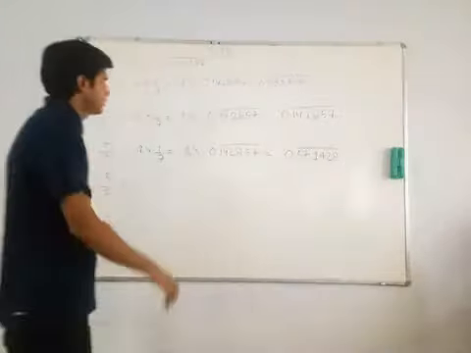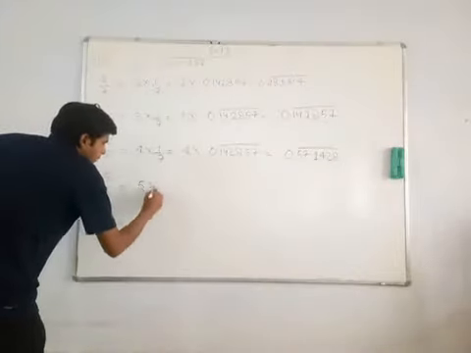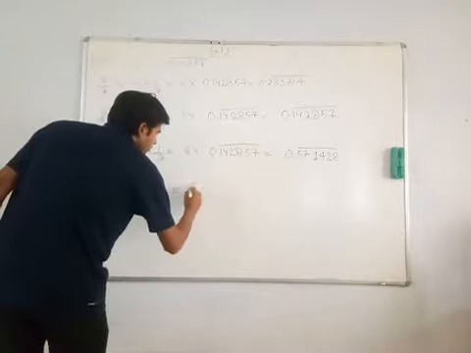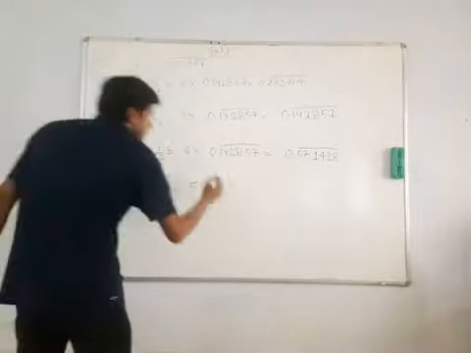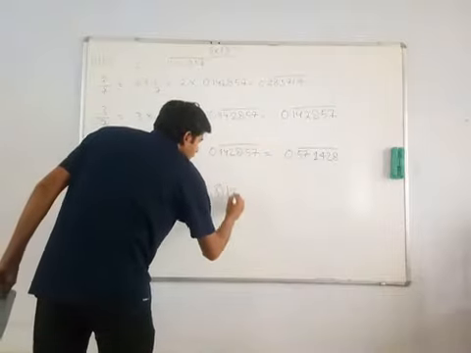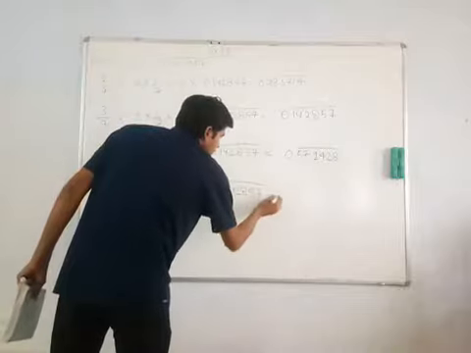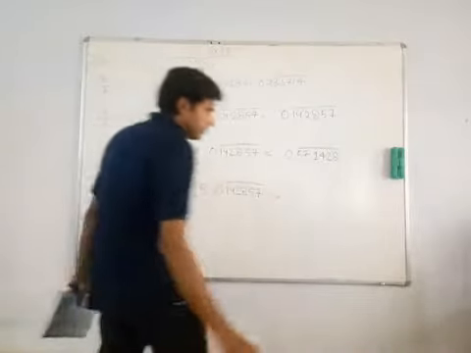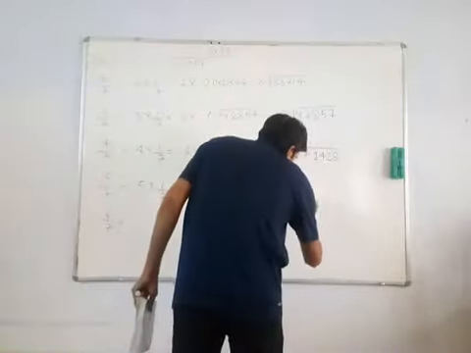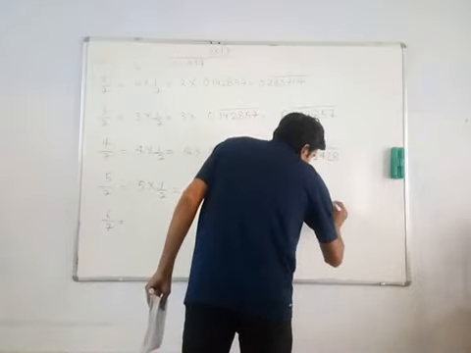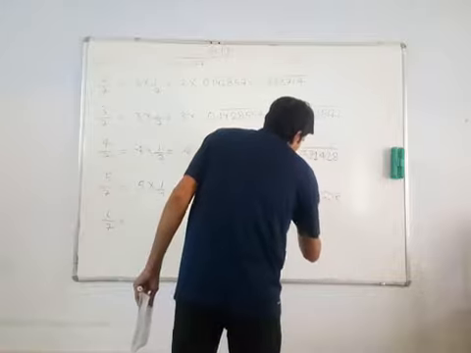Right? 5 upon 7, 5 multiplied by 1 upon 7, means 0.142857. So the 5 upon 7 value is 0.714285.